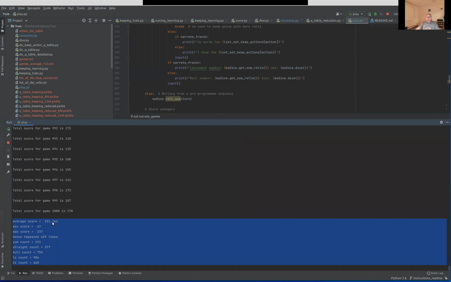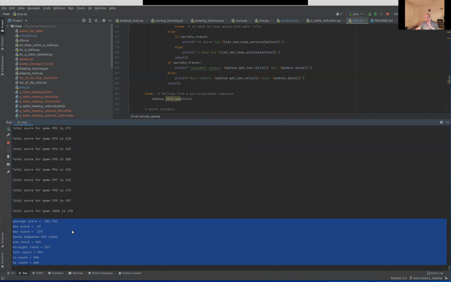And I said earlier that my personal average after 70 games is 151. So we're pretty much neck and neck here between myself and the agent. Now, of course, there's going to be a spread. The worst game was 67, that's a pretty bad score, but the max score is a whopping 237, which is good.